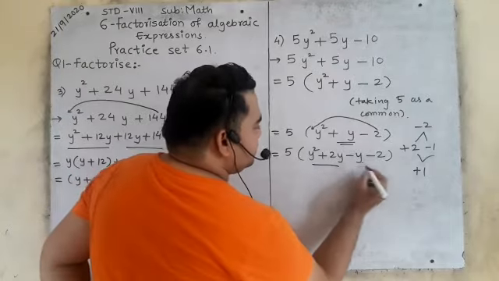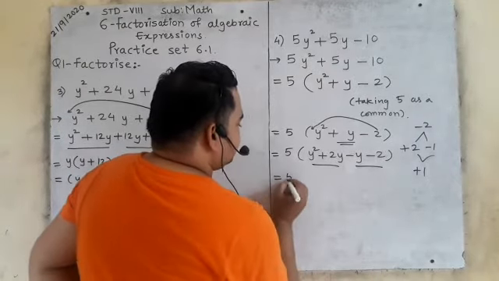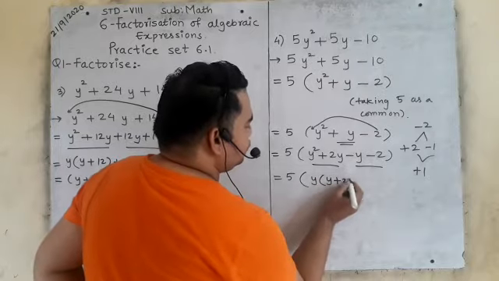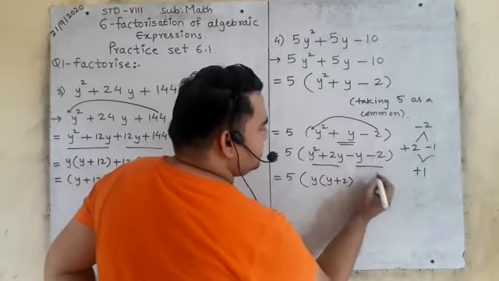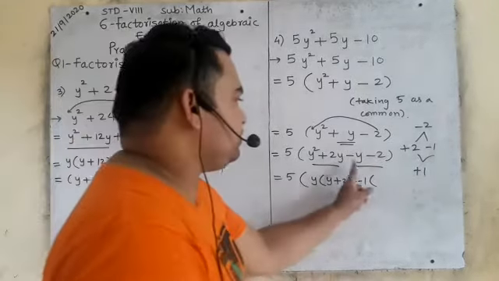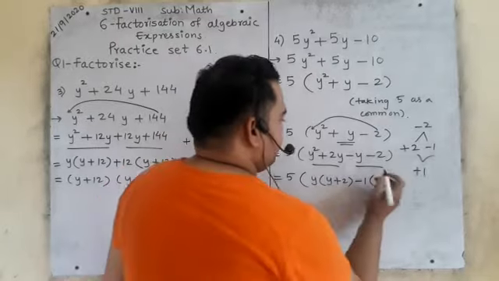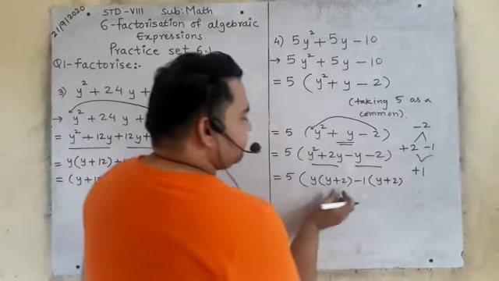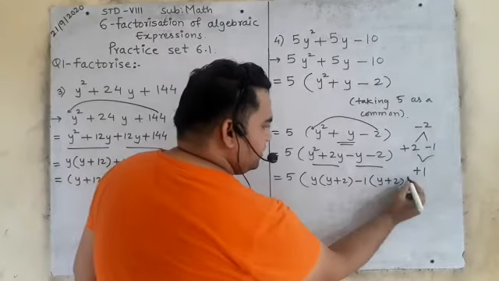Now we take out the common term, see. y is common, so y plus 2. Here nothing is common, which means 1 is common. Now what is left from here? y, and this is plus 2. As I have said, the first bracket will be the second bracket only. How?